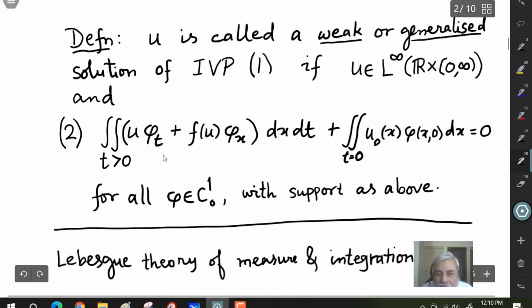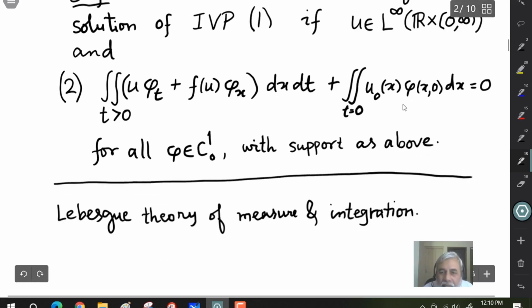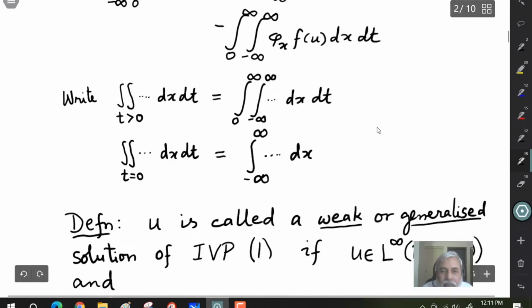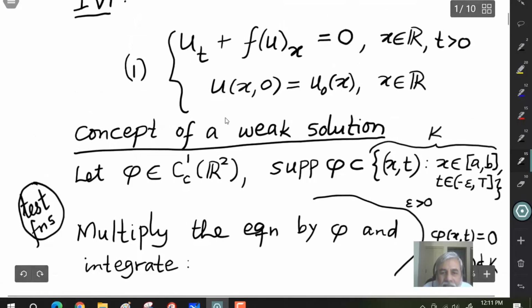So these integrations make sense. For this definition, you also notice that we do not require any differentiability assumption on the solution u. It's just a measurable and essentially bounded function. The only requirement on that function is that these integrals are finite, and that is taken care of by the boundedness assumption. So this is the weak formulation of this scalar conservation law.